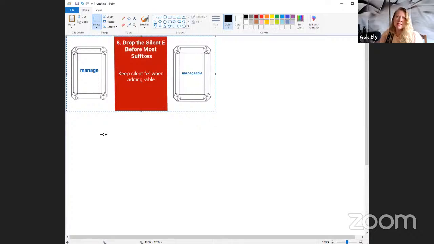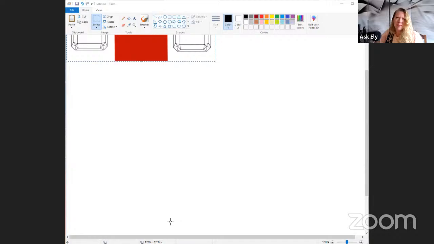So keeping the silent E. Keep silent E when adding A-B-L-E, able. We don't say able, it's able, right? So manageable. If you're adding able at the end of a word, and there's a silent E in the root word, like we have in manage, you just add the A-B-L-E. Keep the E.